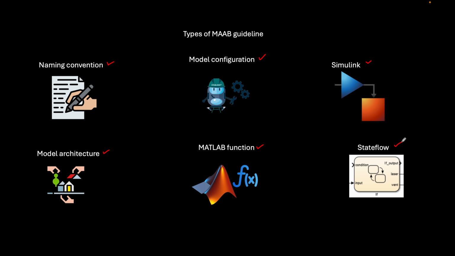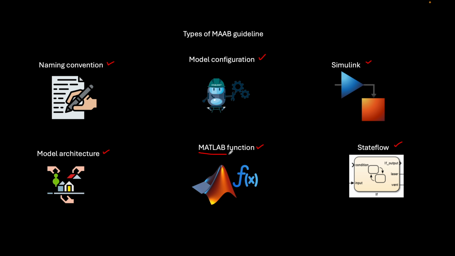So these are the major topics that are there in the MAAB guidelines, and mostly it will deal with Simulink, because Simulink is mostly used in your model development, and so this whole tutorial mostly talks about the Simulink models, and the MATLAB part that you are able to see as MATLAB functions.